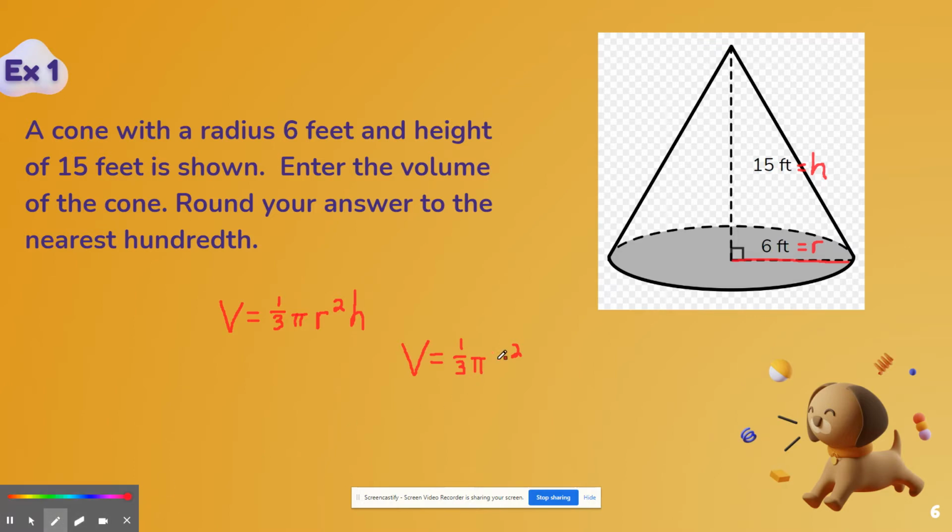It's 6 times the height, which is 15. Now this seems like a lot, but we're going to use a calculator to solve this. So the Desmos Scientific Calculator makes this a lot easier.